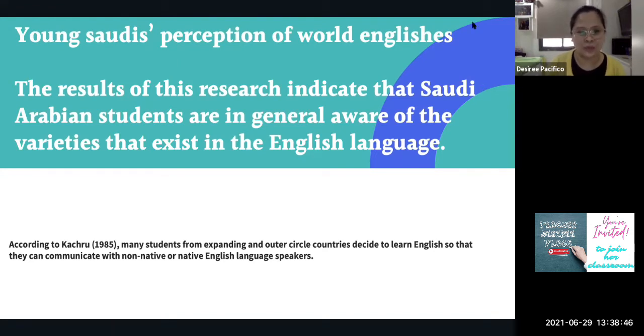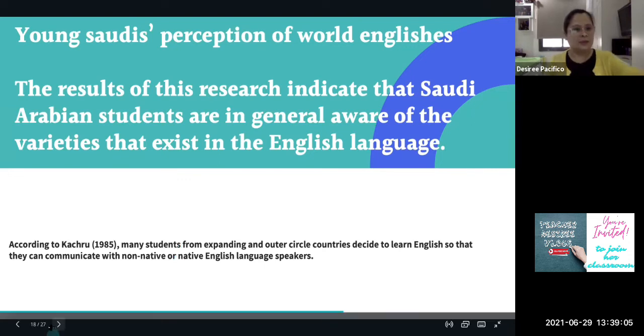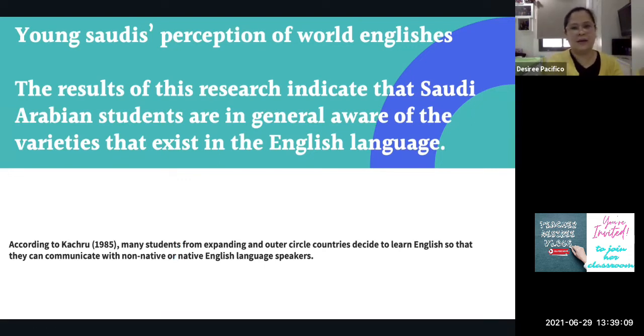According to Kachru, many students from expanding and outer circle countries decide to learn English so that they can communicate with non-native or native English language speakers. So students in Saudi are aware of the different varieties that exist.